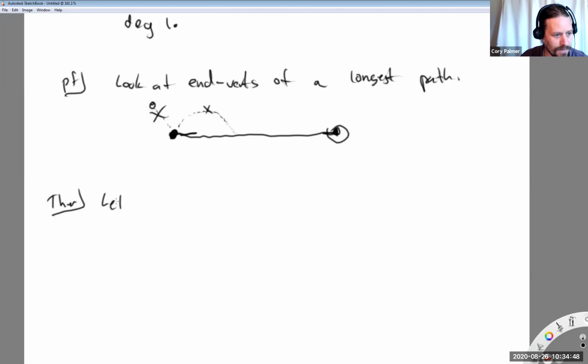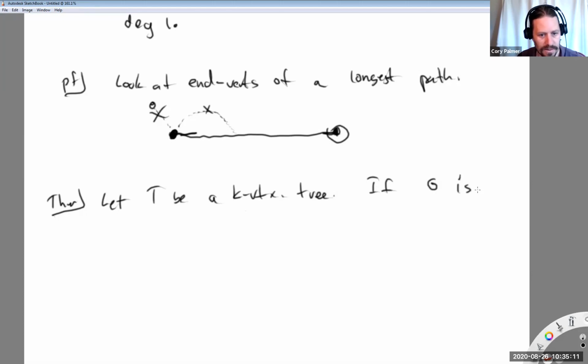Okay, so let T be a k vertex tree. This theorem's less about the tree itself and more about the theorem that contains it, but just let T be any fixed k vertex tree. It could be a star, it could be a path, it could be a binary tree, whatever. Now, if G is an n vertex graph, actually, we don't need the number of vertices here.